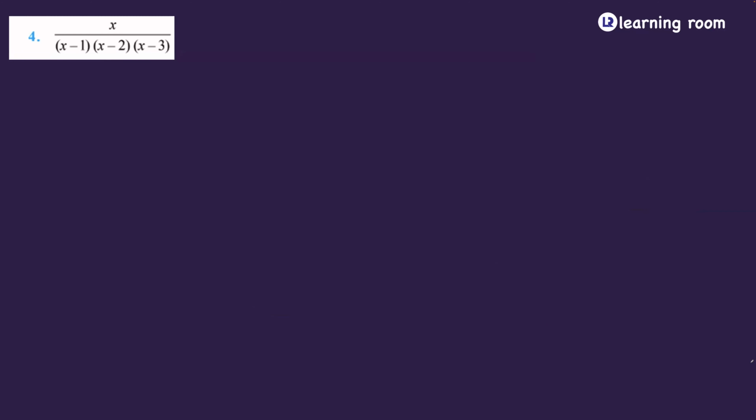Answer for this? A is half, B is minus 2, and C is 3 by 2.